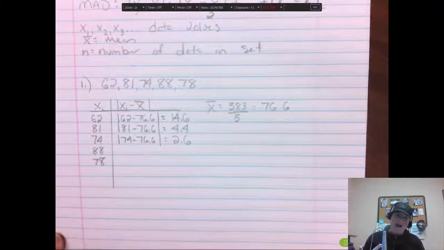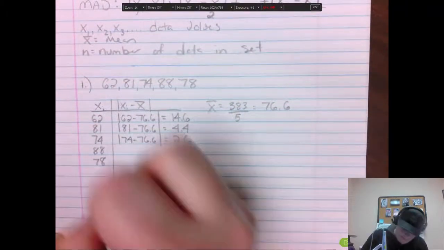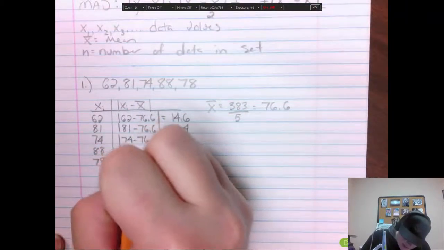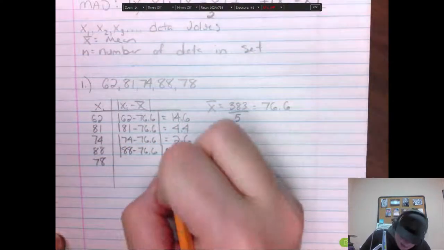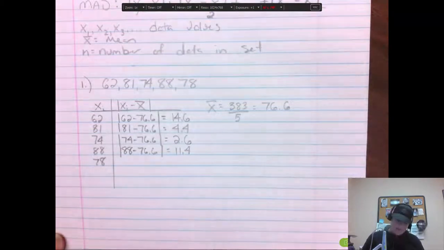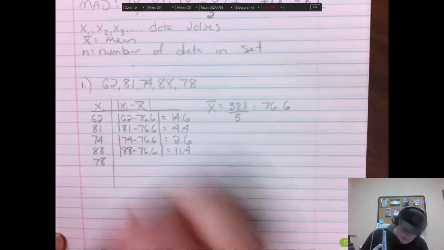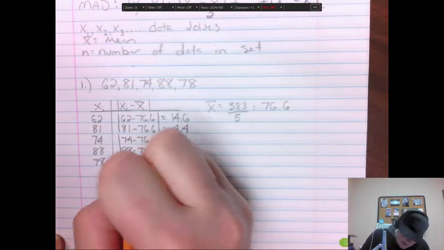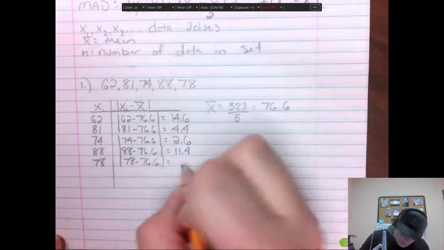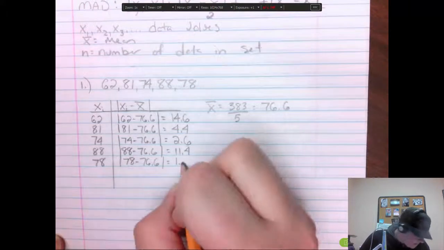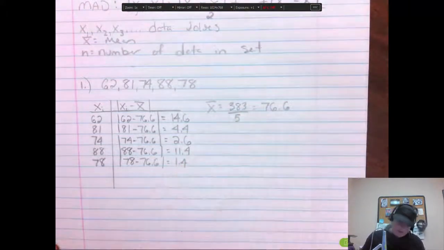You're going to get a positive 2.6. Take our 88 and minus it from the 76.6, and we'd get 11.4 after the absolute value. Last but not least, 78 minus 76.6 happens to be 1.4. Again, take the absolute value. So all of our answers here are positive.